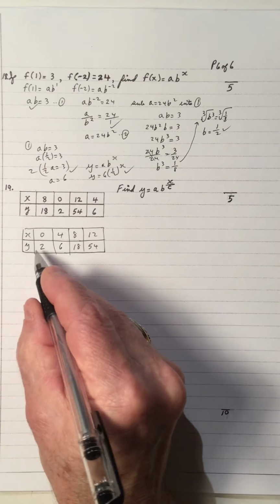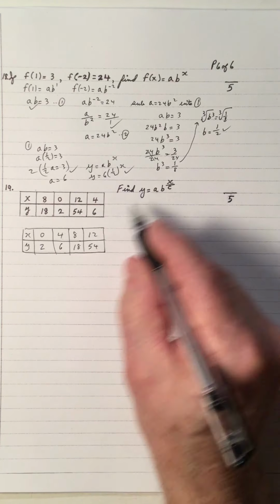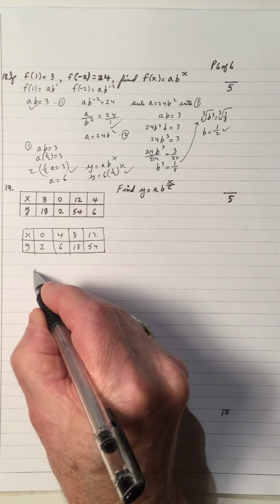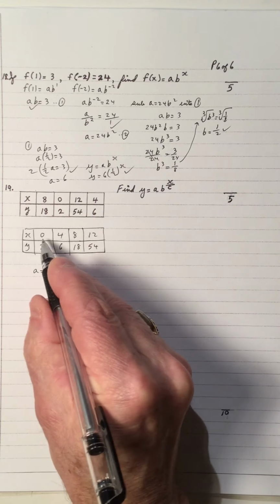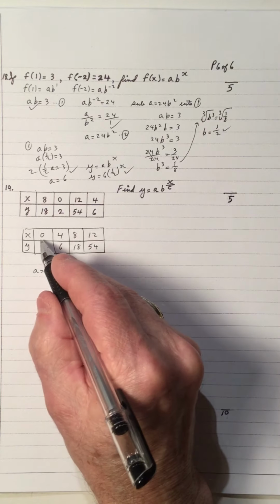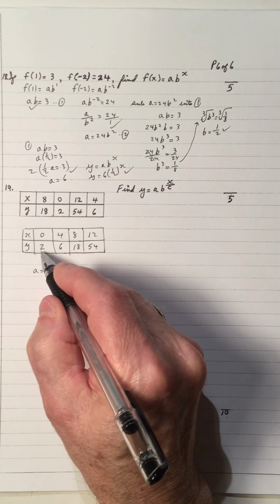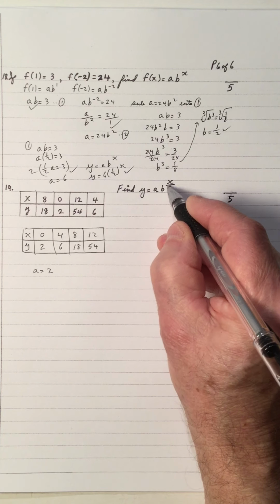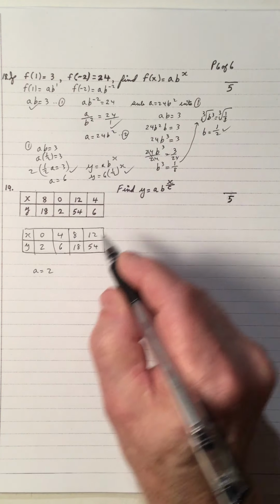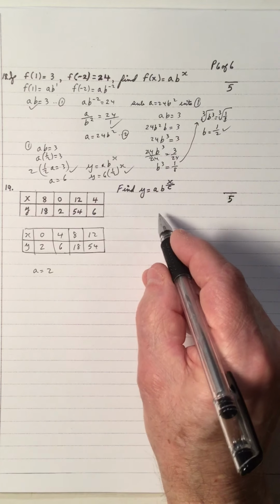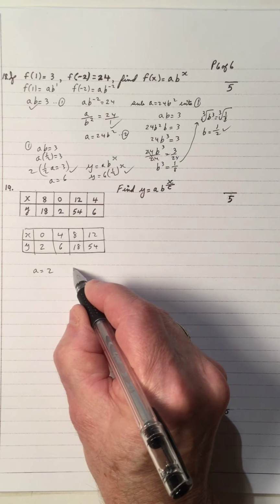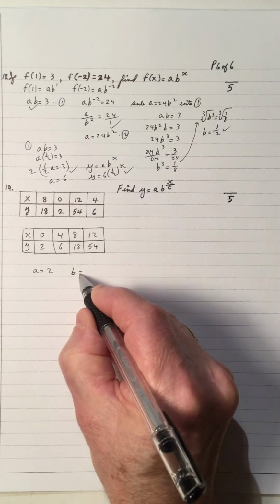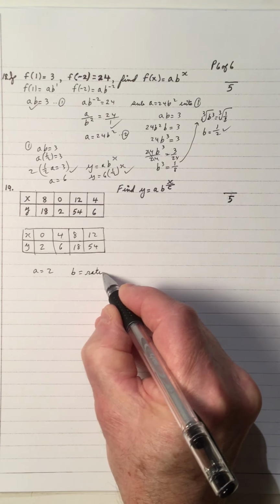So that means that when x is equal to 0, I'll get a to be 2. So when you put 0 into this equation, the 0 value in this table, you get the a value, because b to the 0 is 1. Now, the base, which is your b, is your ratio.